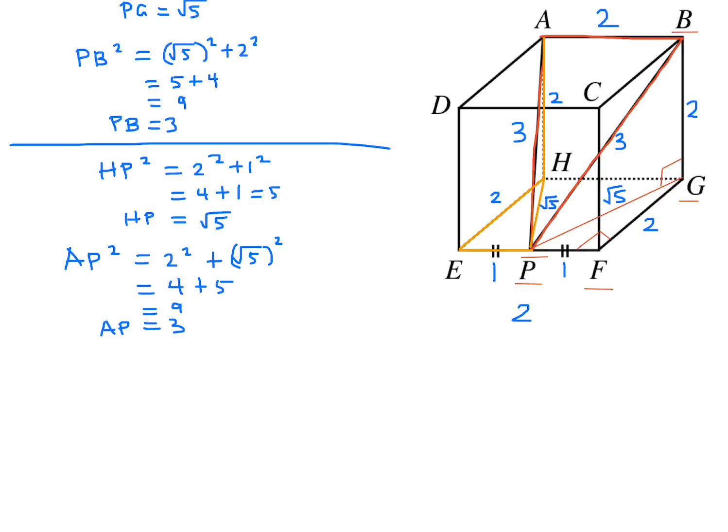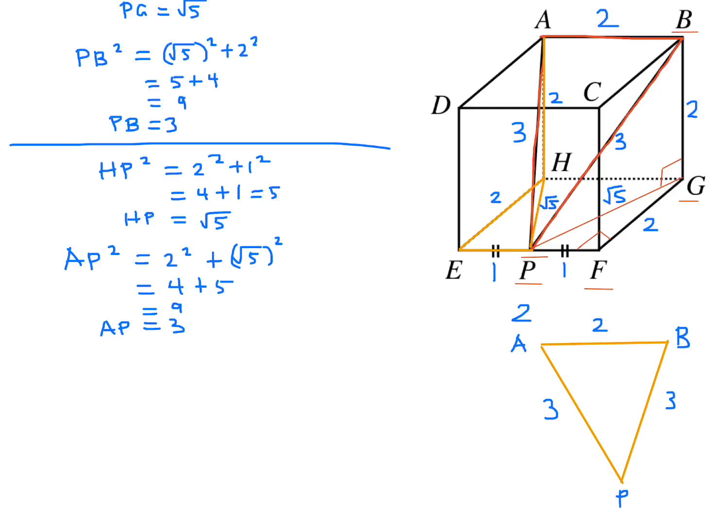So now, to avoid making this messy, I'm going to draw it over here. I'm going to draw APB. So there you go. This is our triangle that we want to figure out the area of, A, B, P. And we know that this is 2, this is 3, and this is 3.